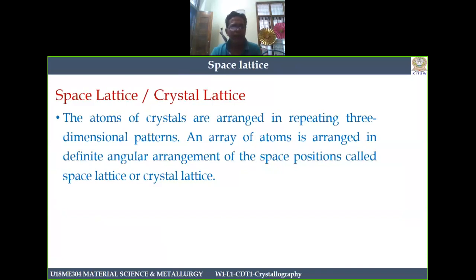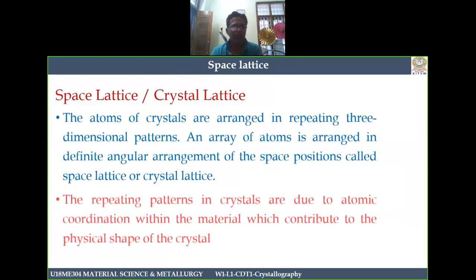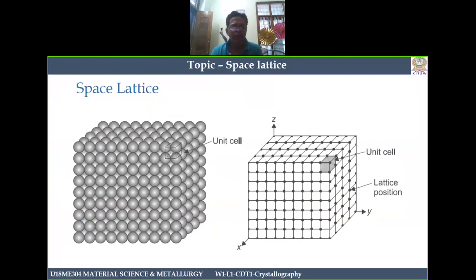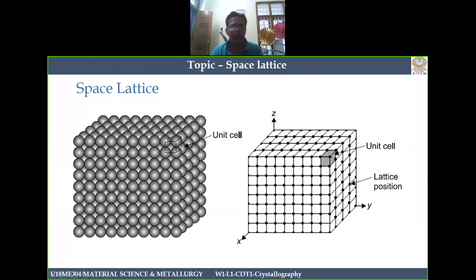An array of atoms arranged in a definite angular arrangement of space positions is called a space lattice or crystal lattice. These repeating patterns in crystals are due to atomic coordination within the material, which contributes to the physical shape of the crystal.